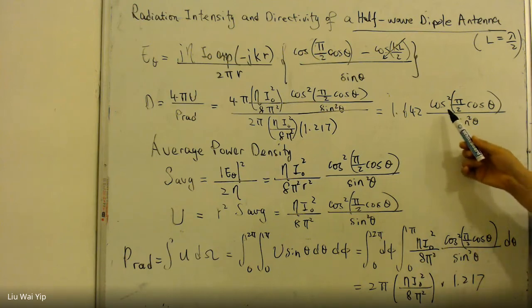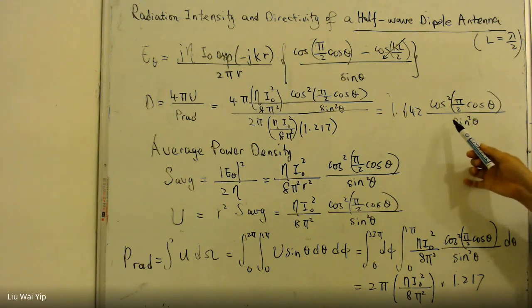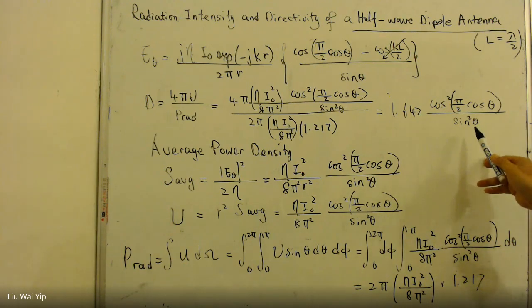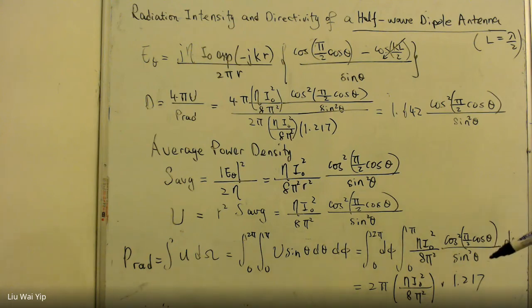The maximum value of the top one is 1, and for the lower one, the maximum value is also 1. I'm not sure whether we will have something larger than 1. Apparently not.